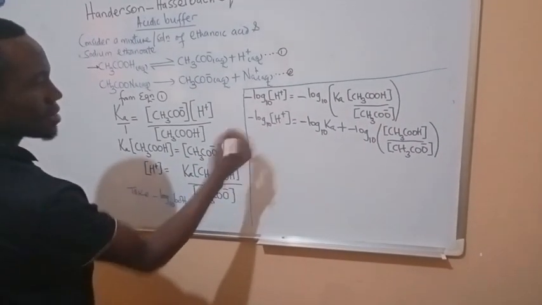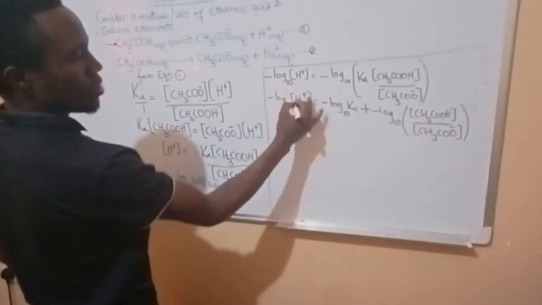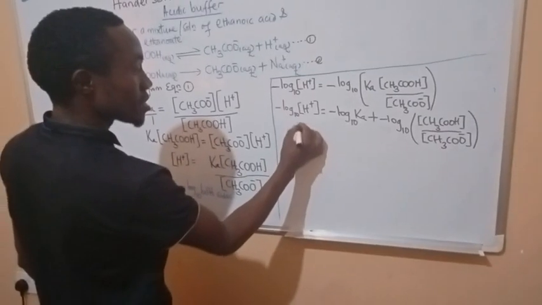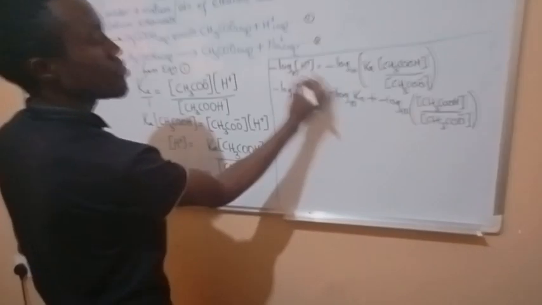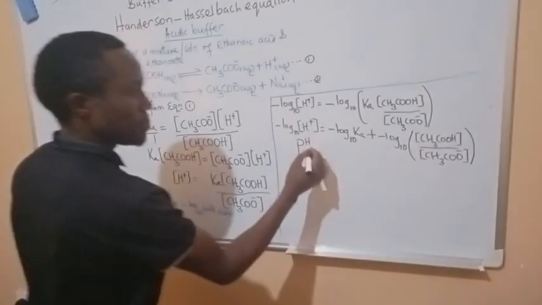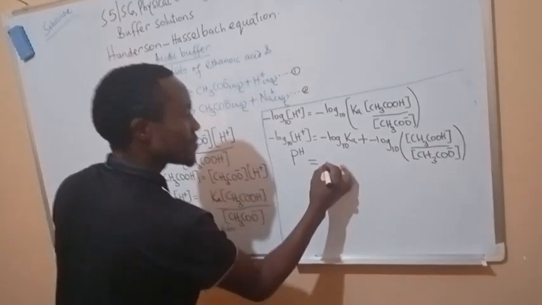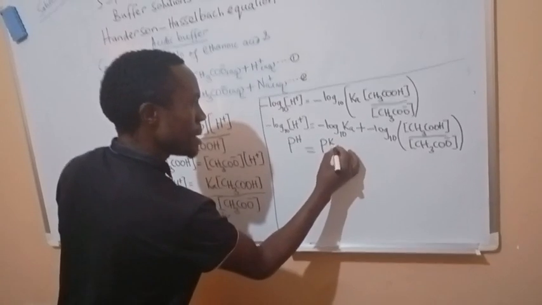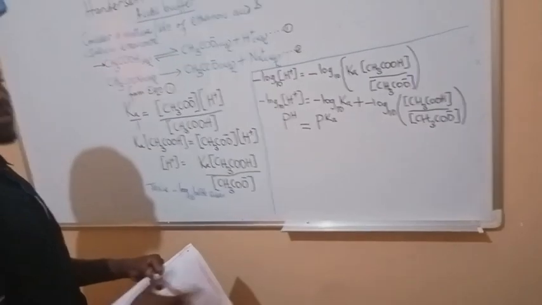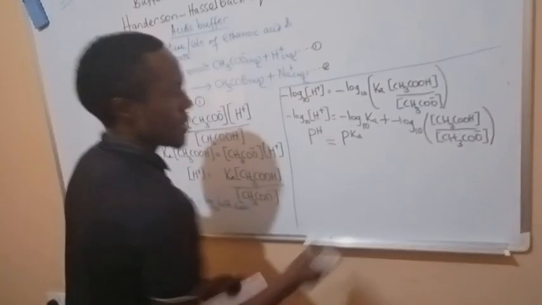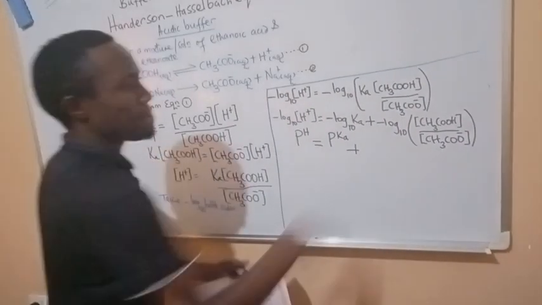And when you take the negative logarithm to base 10 of hydrogen ion concentration, it gives us pH. In other words, pH is always equal to the negative logarithm of the concentration of hydrogen ions. So pH is equal to the negative logarithm to base 10 of Ka, which gives us pKa, meaning you will be given the acid dissociation constant of that very acid in question, plus, because this is a ratio, you cannot say p-something.